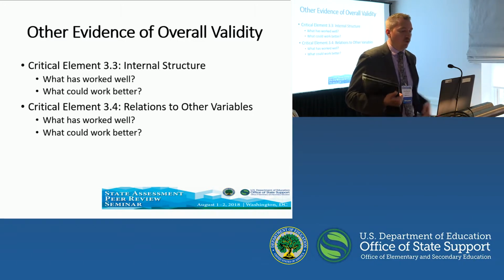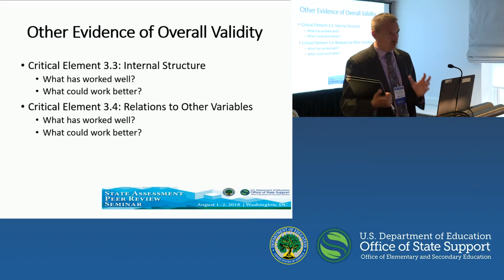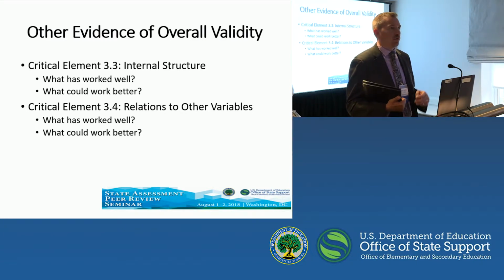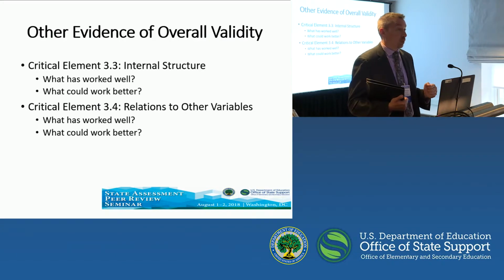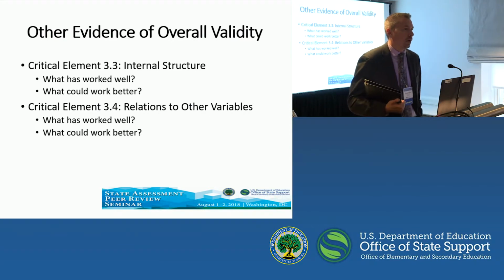We see more trouble isolating the construct from the source if we're talking about an alternate assessment versus the general assessment. But at a minimum, I'm just looking to see that the actual coefficients are higher within construct than they are within measure, because sometimes, especially with the alternate assessments, that's not the case. Does that answer your question? Yeah, it does. Okay.